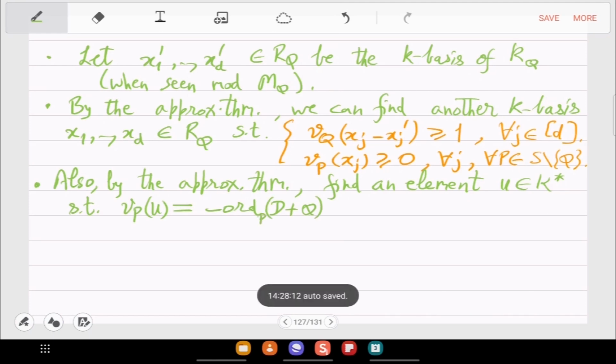So this we are doing because we are interested in the L(D+Q) space. Okay, so we want this condition for all P.